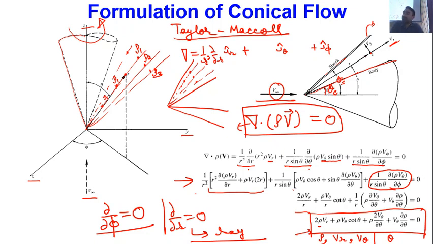So if this shock wave is a straight line, it means strength of the wave is not changing. So strength of wave at each and every location is same. So if strength of wave at each and every location is same, what is the meaning of this? The meaning of this is, whatever fluid is coming from this side, whenever it will be reaching behind the shock wave, rise in its entropy will be same everywhere.